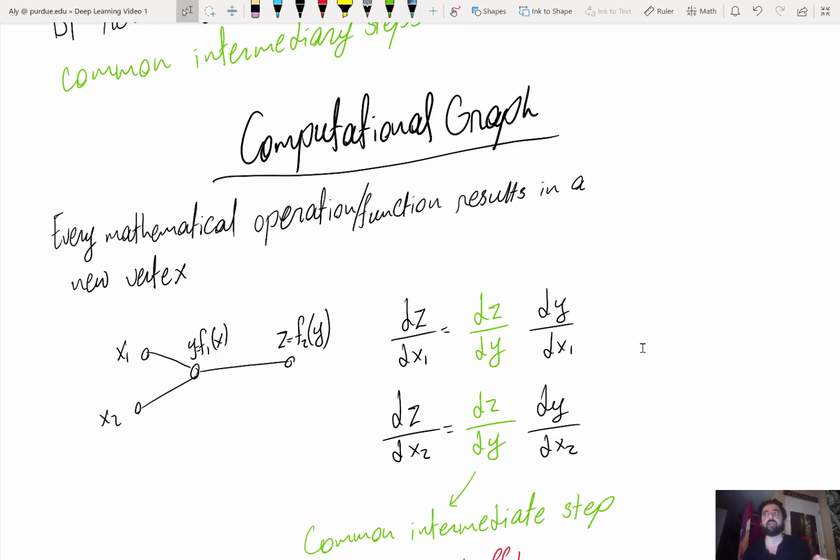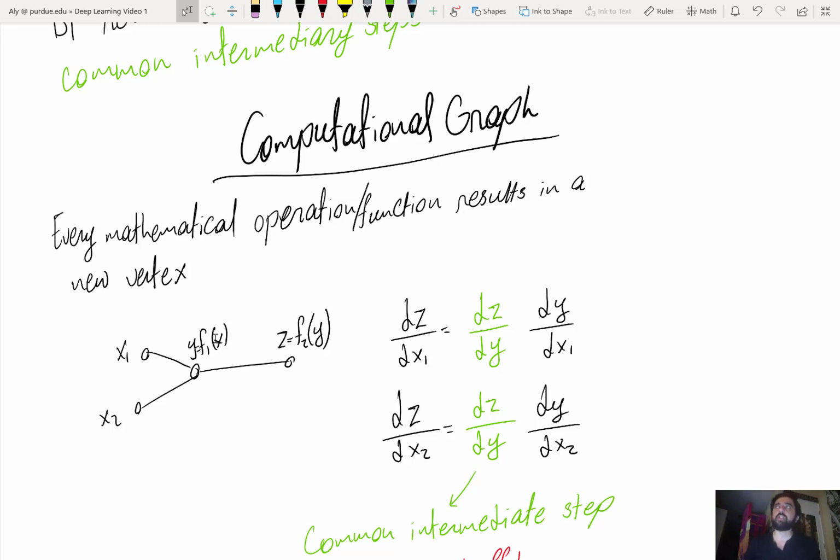So for example, if I multiply two variables, x1 and x2, y could be equal to x1 x2. This is f1 of x, right? And then let's say I add a bias, that's a new vertex, z equals f2 of y. Maybe f2 of y is just y plus some constant, right?